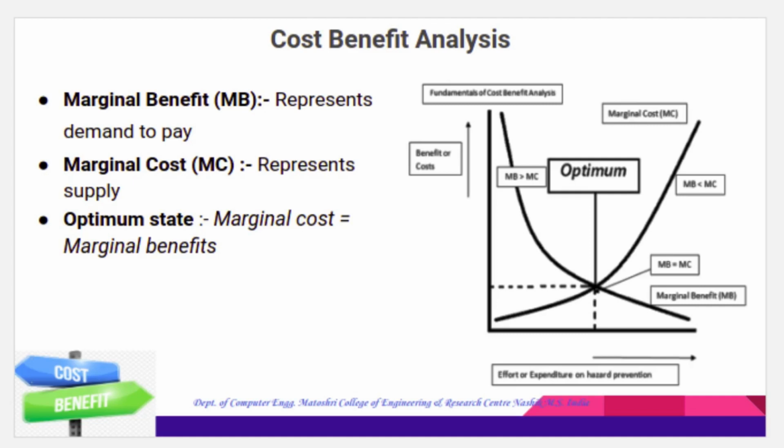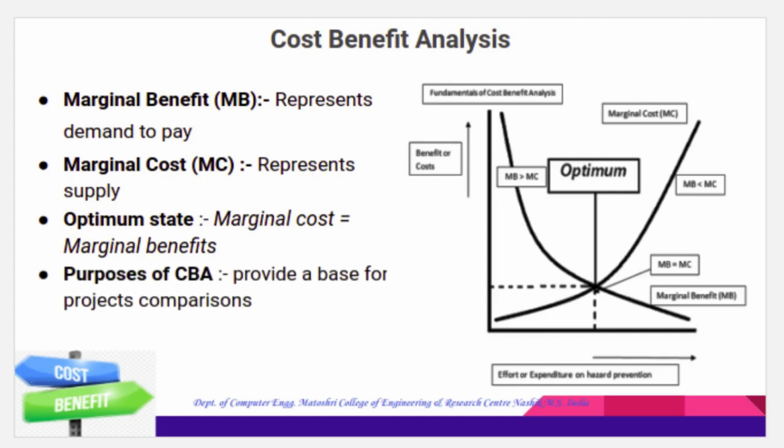Such types of economic evaluation are helpful, but there are some problems, mainly when the genuine impact of hazard events can't be expressed in simple monetary terms. Cost benefit analysis is a systematic process for comparing and calculating the advantages and costs of a project or decision or government policy.